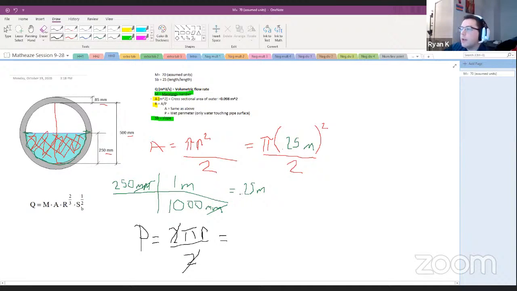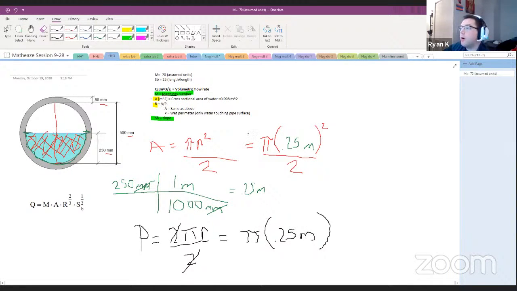Similarly, like we did up here, instead of using the 250 for our radius, we're going to have that converted into units of meters. So we're going to use the same value, pi times 0.25 meters, and that's what our P is.